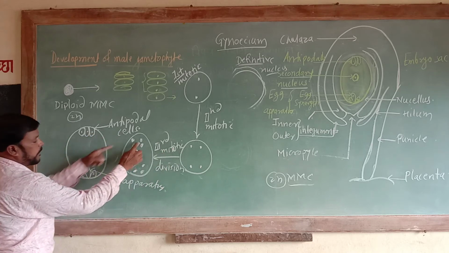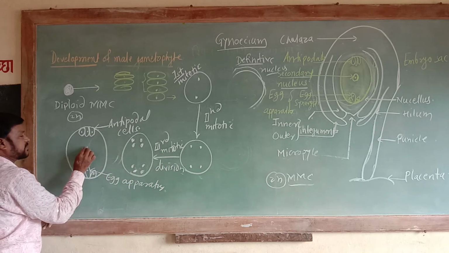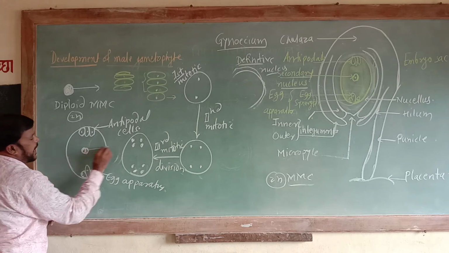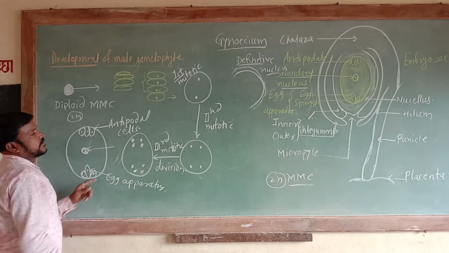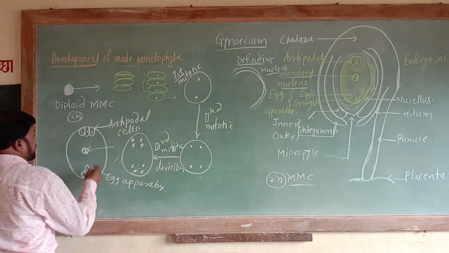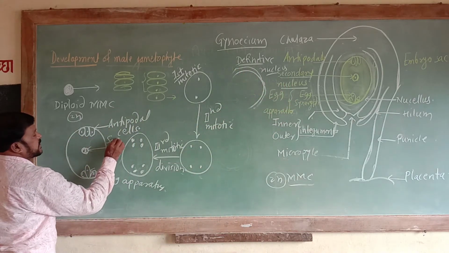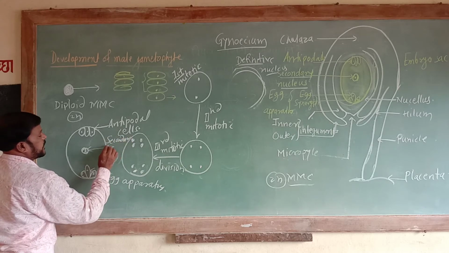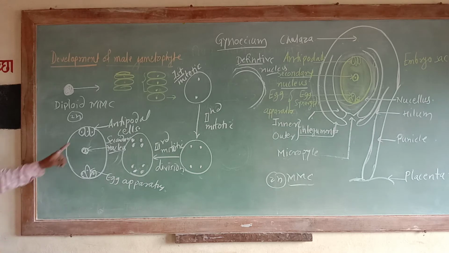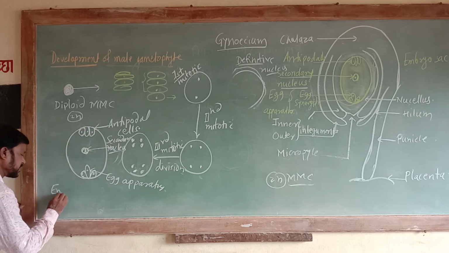And one from each pole migrates to the center and they fuse with each other to form the secondary nucleus, also called the definitive nucleus. In this way, the formation of the embryo sac takes place.